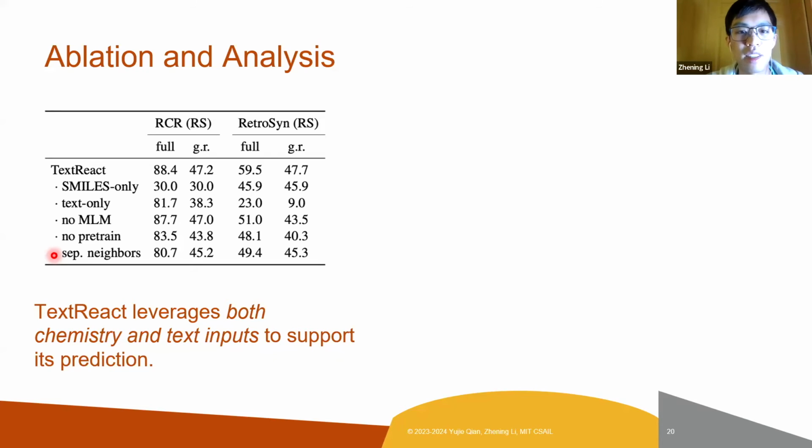So when it can see that the nearest neighbors look very different from each other, then it will know to put more emphasis on the actual top nearest neighbor, which is expected to describe the reaction much better than the other ones. Whereas if the retrieved texts all look very similar to the text augmented predictor, then it will know to apply a more equal weight to the information in the separate nearest neighbors. So encoding everything together has been able to boost the performance of the model.